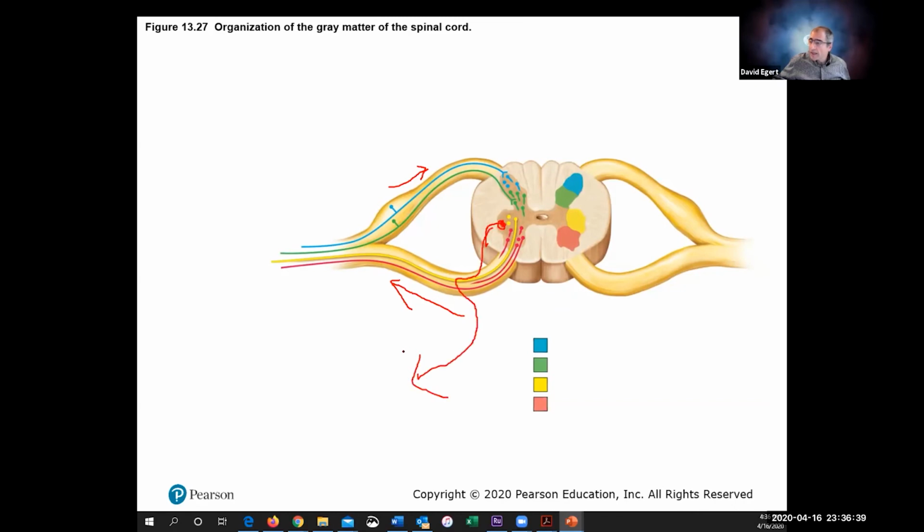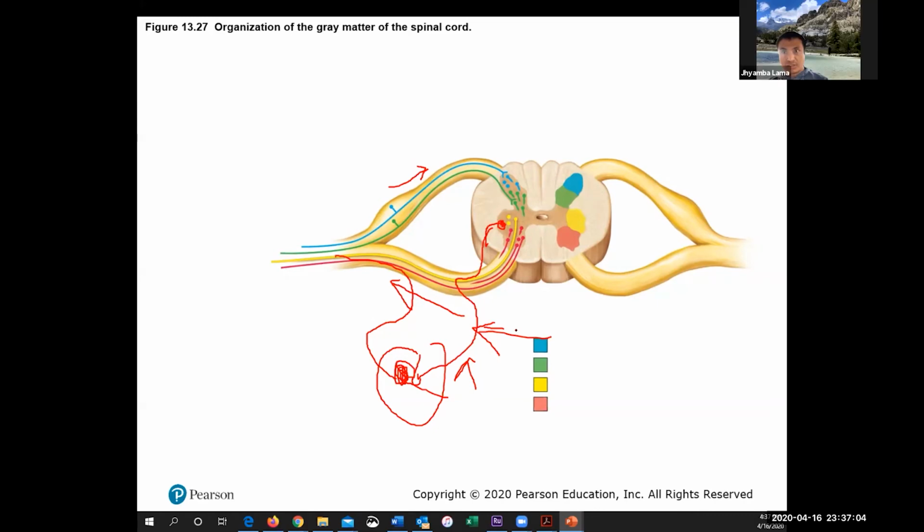You're going to have a pre-ganglionic neuron that's going to synapse in the sympathetic ganglion, and it's going to come back on. What do I call the highway that the pre-ganglionic neuron takes to get off and into the sympathetic ganglion? Communicans. Yeah, that's the white ramus communicans.